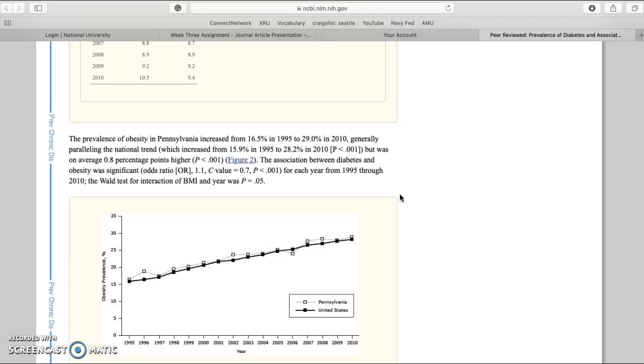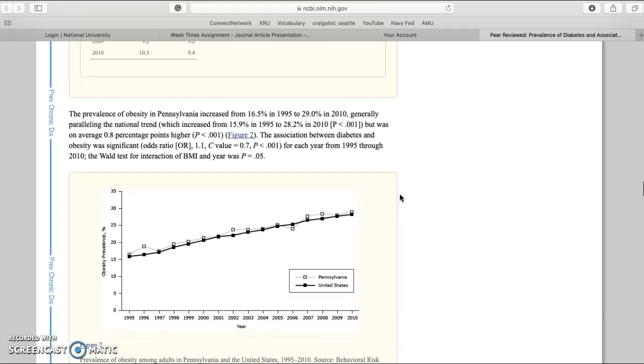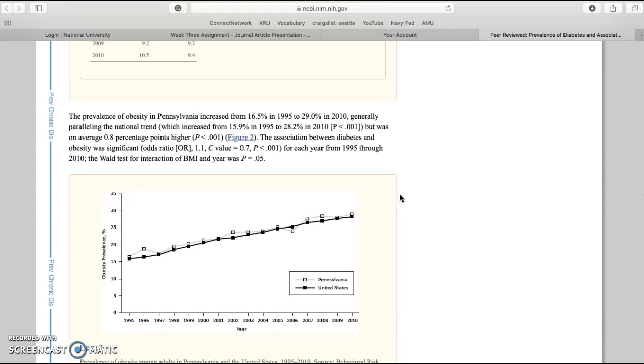And then the prevalence of obesity in Pennsylvania rose from 16.5% in 1995 to 29% in 2010, and was 0.8% higher than the annual national average. And that's pretty crazy. You'll see that right here as well with the association between diabetes and obesity, where the odds ratio is 1 to 1, with the critical value right here of 0.7.